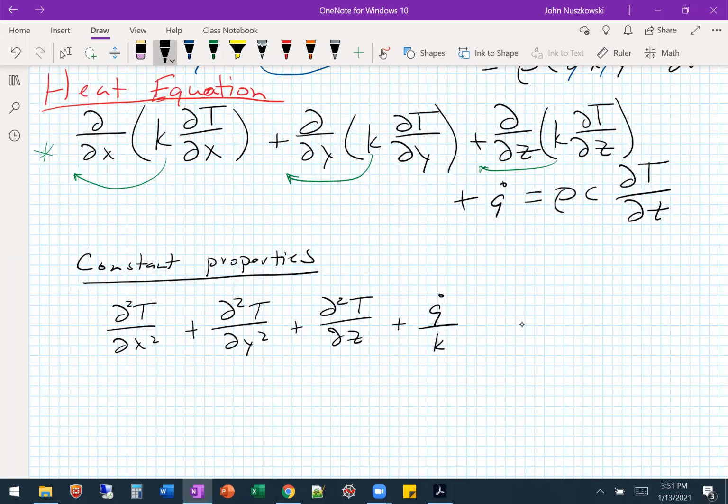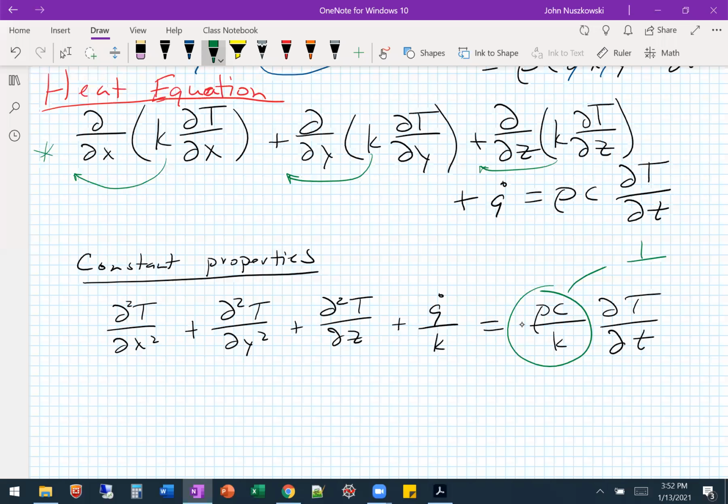Okay, so that means now the k is over here for dividing the energy generation per unit volume, and then it's over here. And this term right here can be simplified to 1 over diffusivity. That's what this term is.